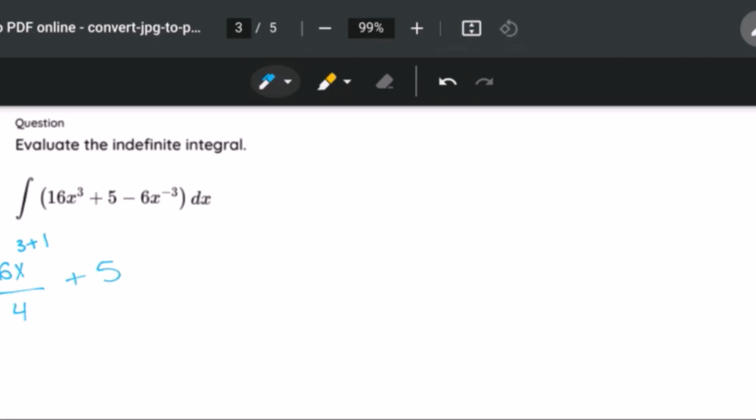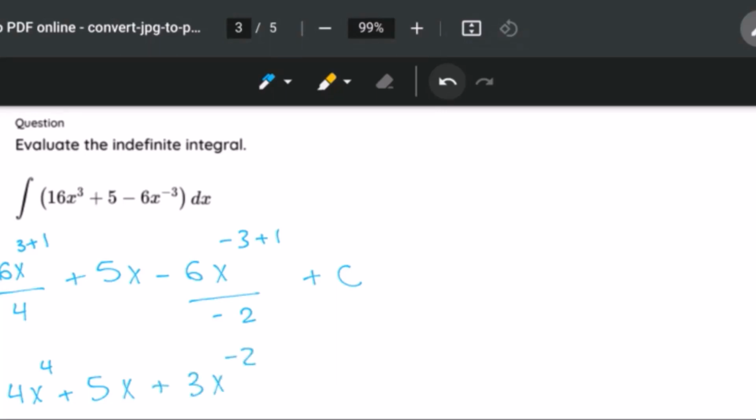Then, since 5 is a constant, we add an x, and then negative 6x to the power of negative 3 plus 1, that's negative 2, plus c. Now 16 over 4 is 4, so 4x to the power of 4, and then 5x stays the same, then 3x to the power of negative 2 plus c.